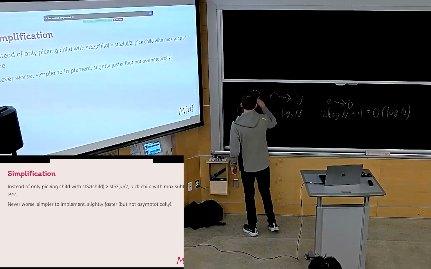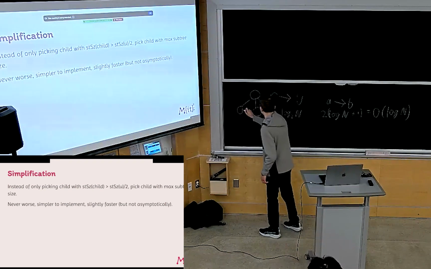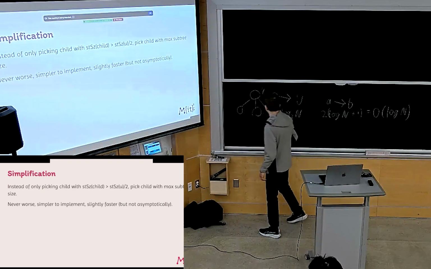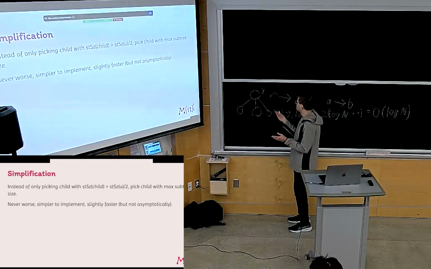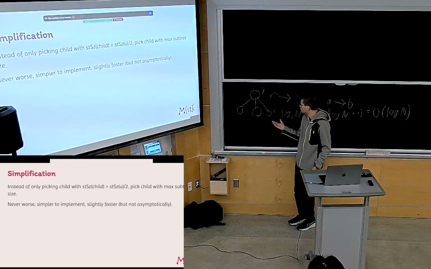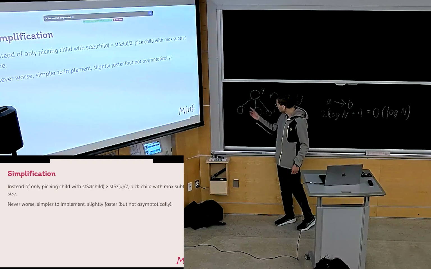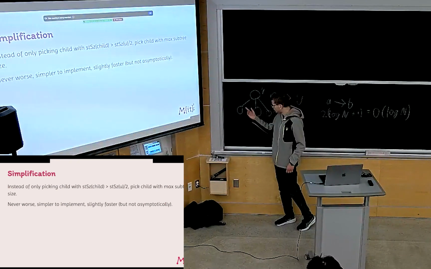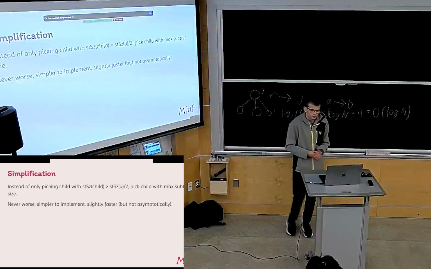Let's say we had this tree, not all of these have subtree size 1, but this has subtree size 4, so none of them are greater than half of 4, so we would make all of these light. That's kind of pointless. We can afford to have one heavy edge, so why not just make it go to the node with the largest subtree.